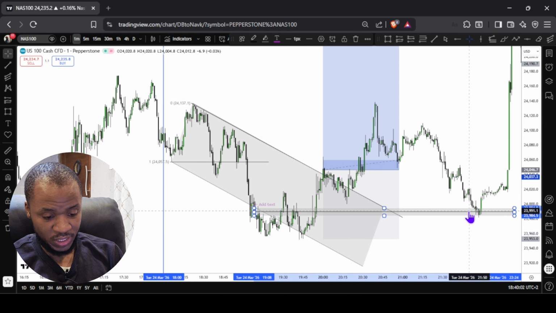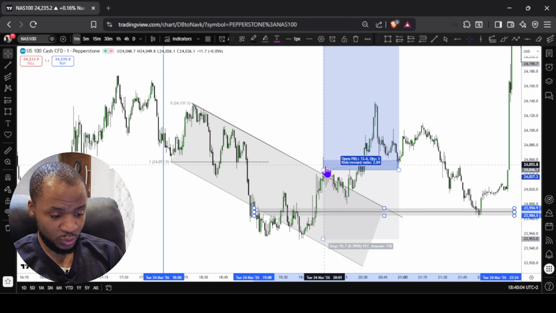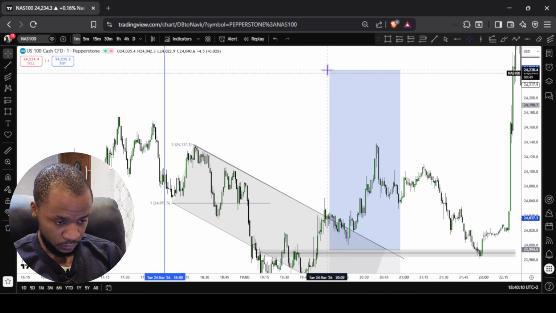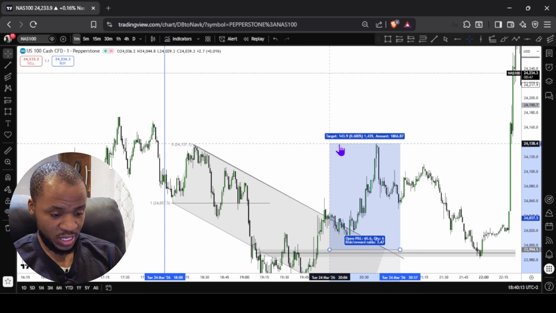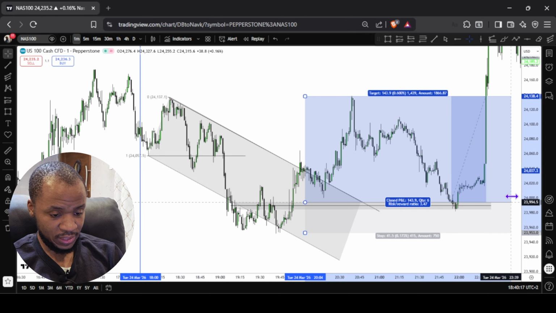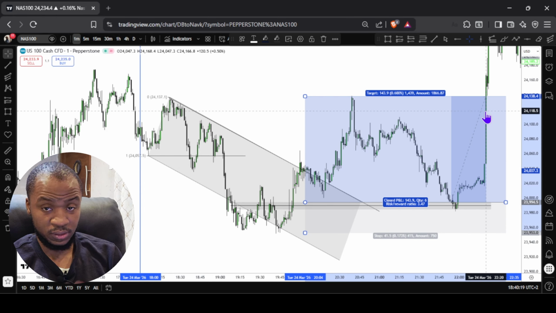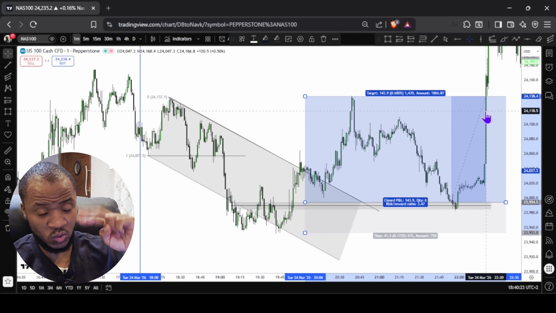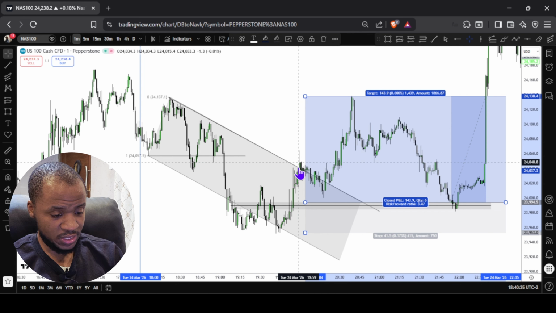If you waited, here the market pulls back on this invasion fair value gap, you would have entered here because you're using the invasion fair value gap, and then you would have come out on that entry. It would have hit take profit, for you as a beginner. Or option two of your entry, as soon as the market retests this trend line.